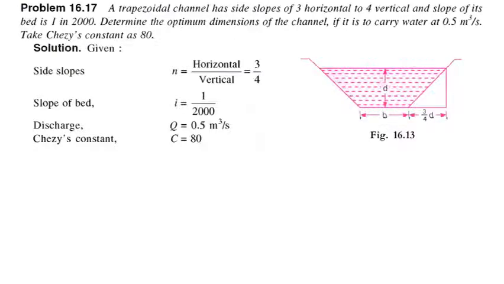So in the question it is given as the side slope is 3 horizontal to 4 vertical. So we write n is equal to horizontal by vertical. That is, for every 3 horizontal there is 4 vertical. Slope of the bed or bed slope is given as 1 by 2000. Discharge is given as 0.5 meter cube per second. Chezy's constant is given as 80.